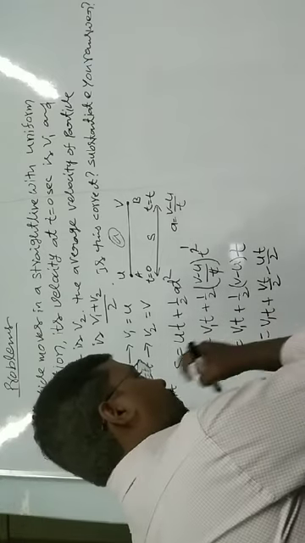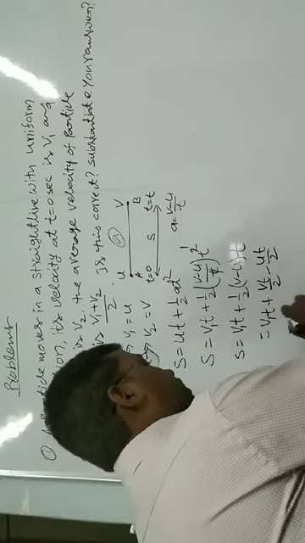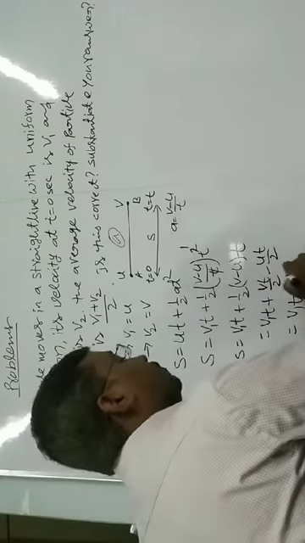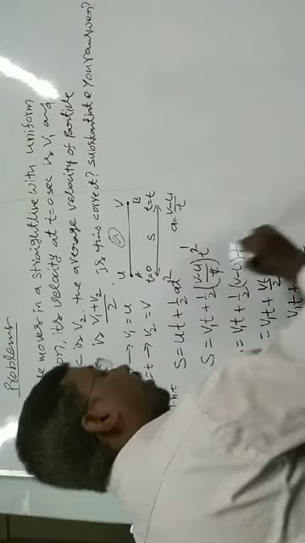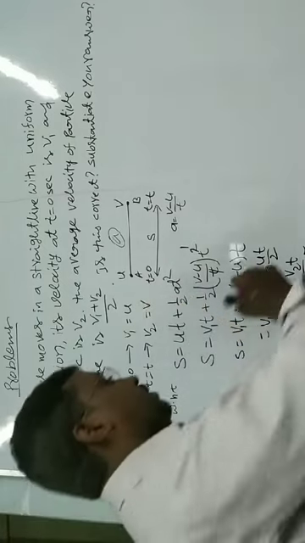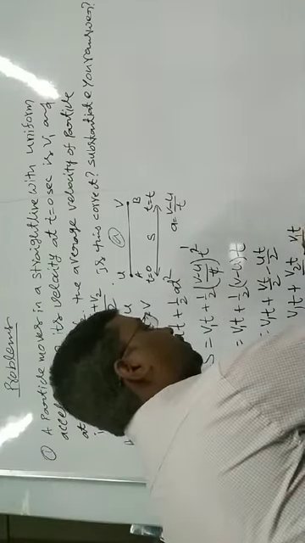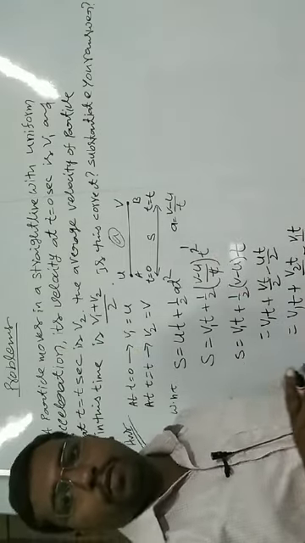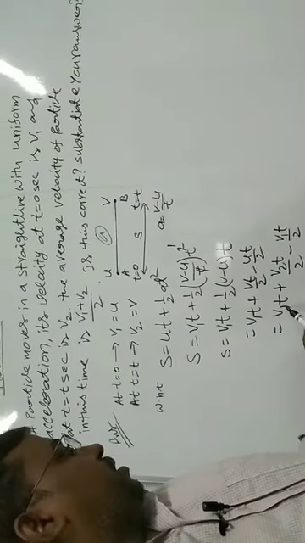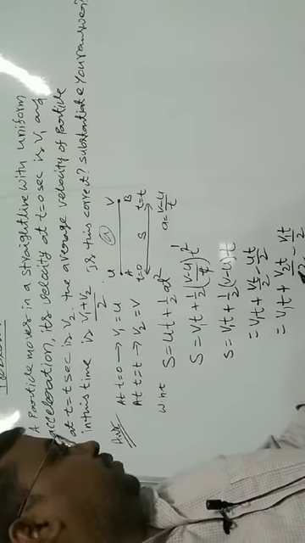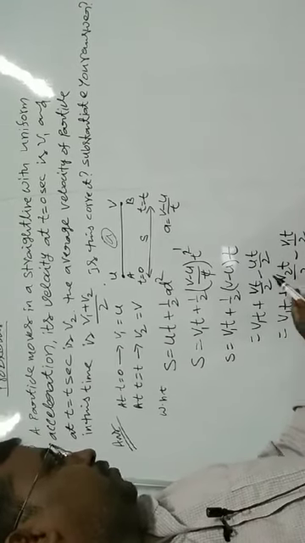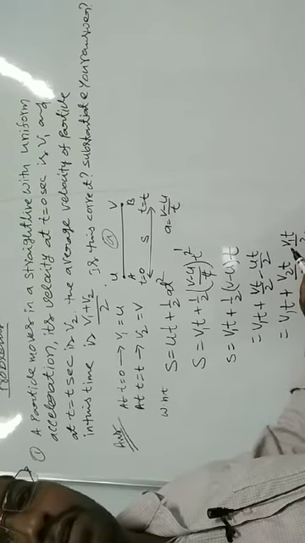Now this one is v1t plus vt by 2, where v is v2, so v2t by 2, minus u, where u is v1, so minus v1t by 2. See this: v1t plus v2t by 2 minus v1t by 2. We substitute v2 for v and v1 for u.